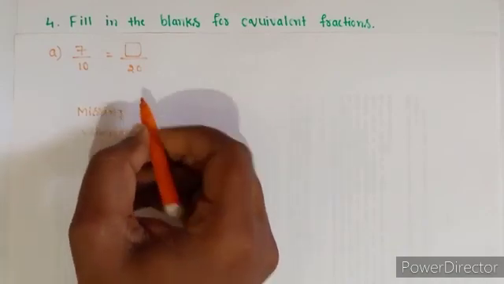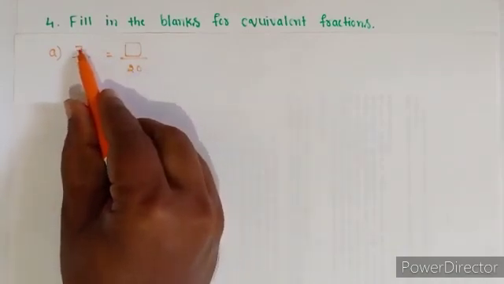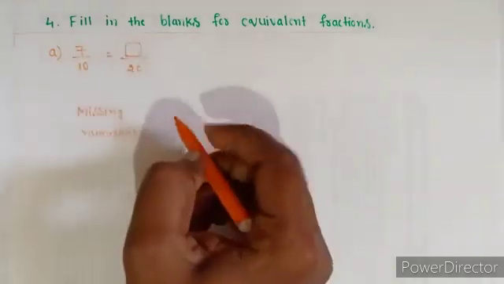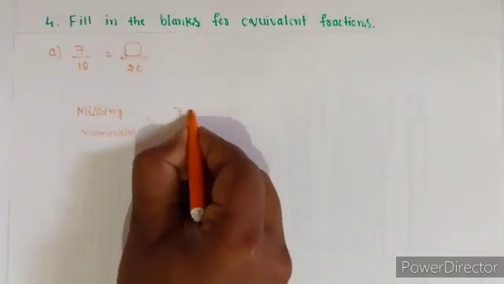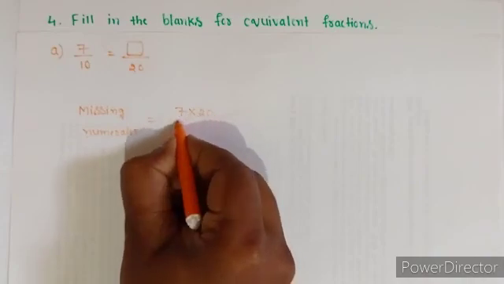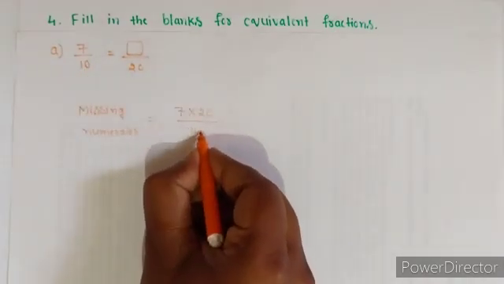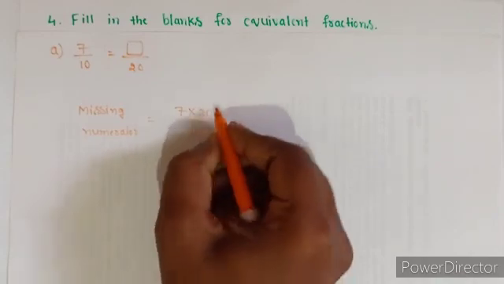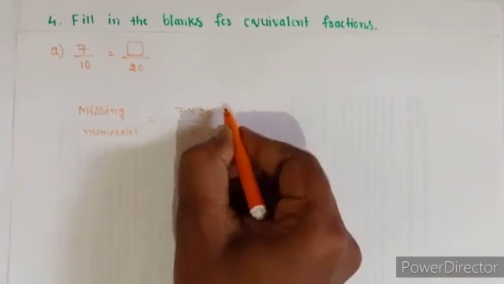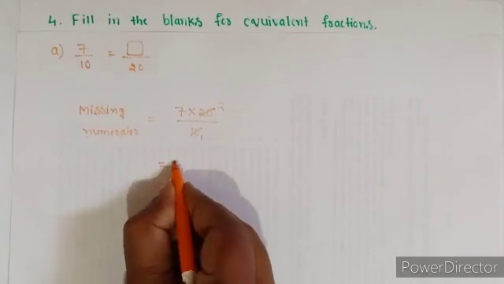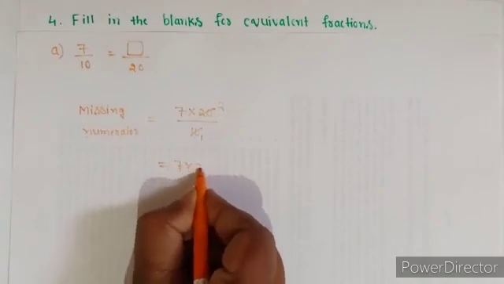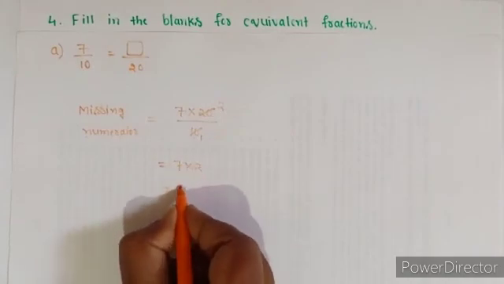Now we need to do cross multiplication: 7 into 20 over 10. From 10, 10 ones are 10, 10 twos are 20. So we got 7 into 2, 7 twos are 14.